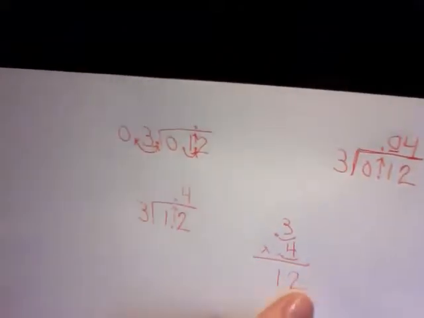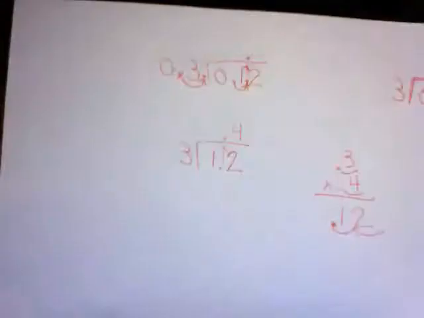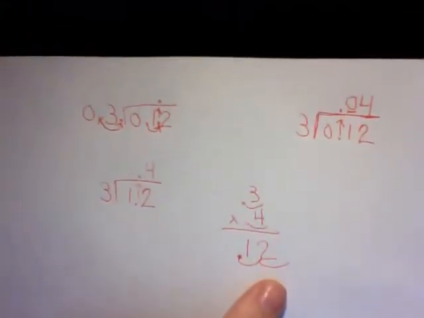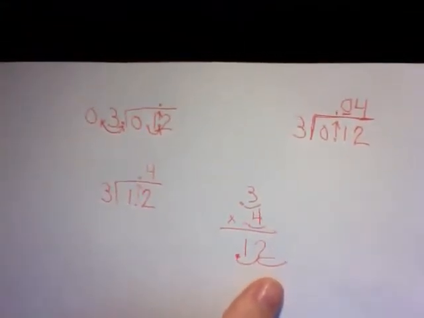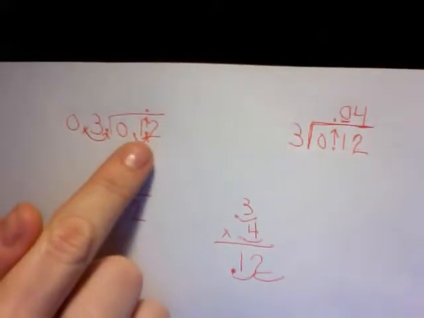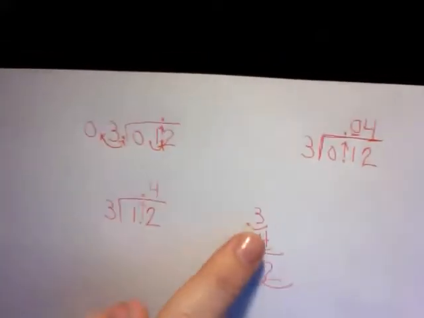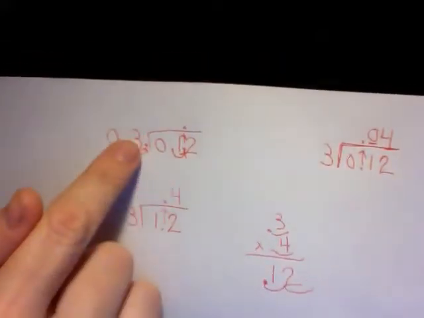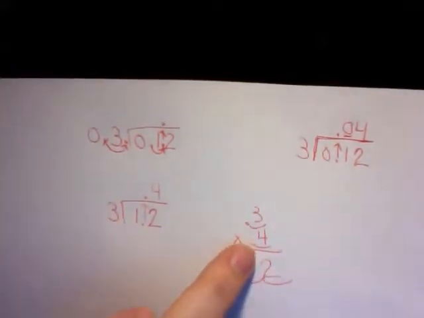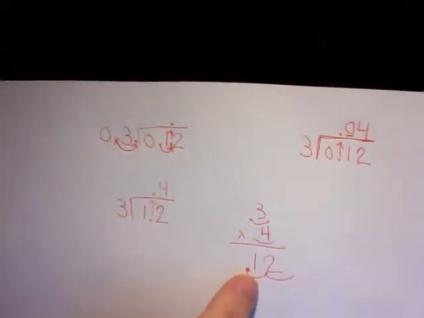So my answer is going to have 2 decimal places. And I have my original dividend, which was 0.12 or 12/100. So I know that this checks out. 3/10 times 4/10 equals 12/100.